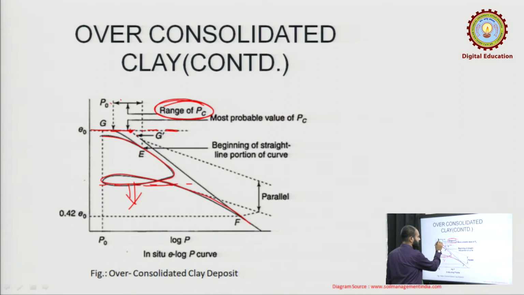The Pc was ranging from there to there only, so we took a point here. Now we take a line something like this, further increase it and get a point which will be nearly equivalent to 0.42 e naught. Okay, so we will get this line now.